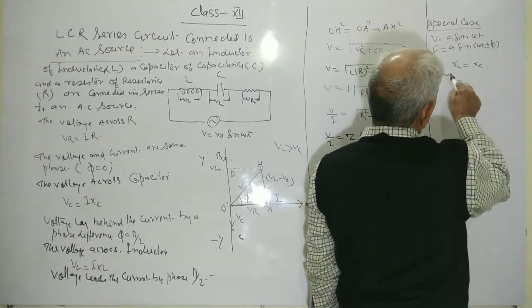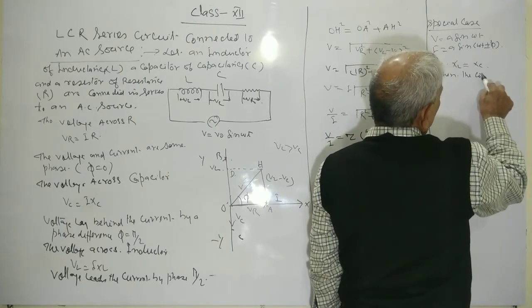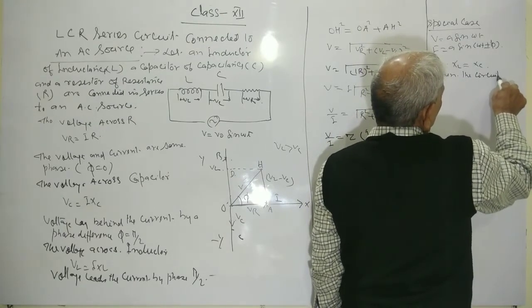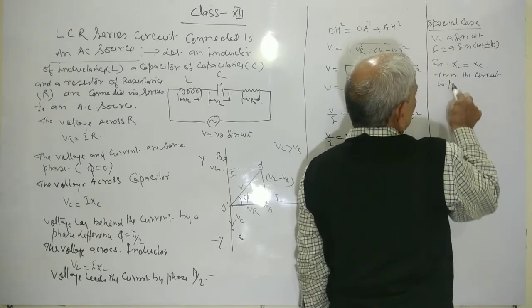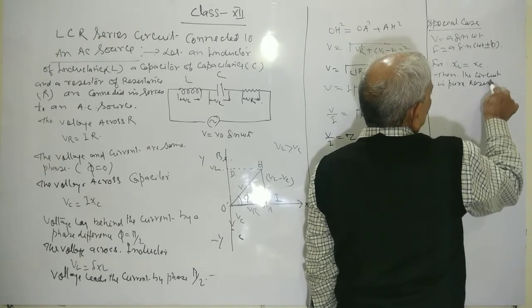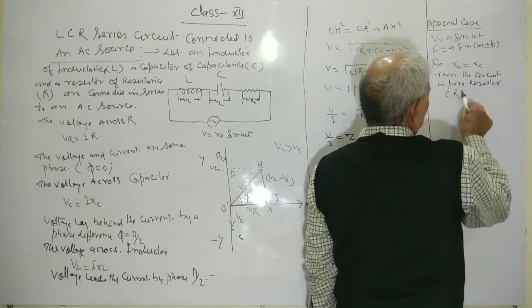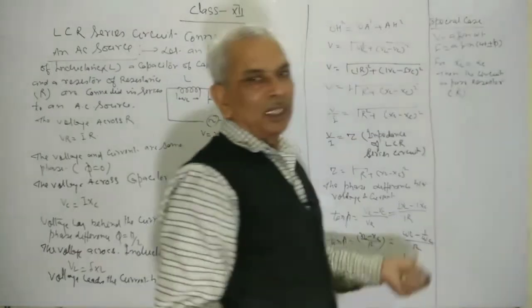Then the circuit is purely resistive. Current and voltage are in the same phase.